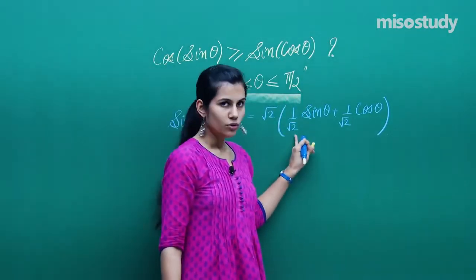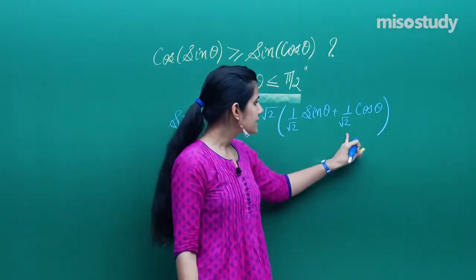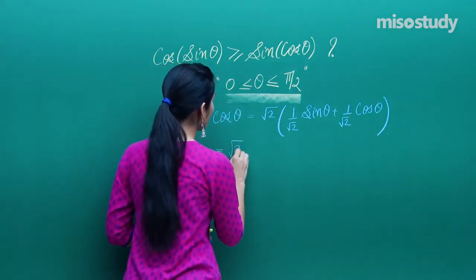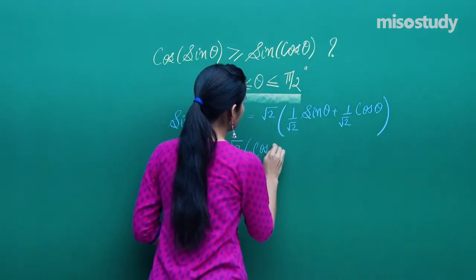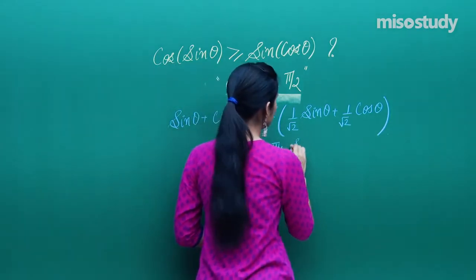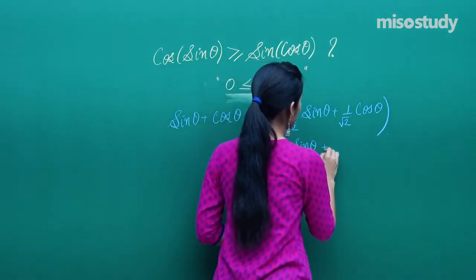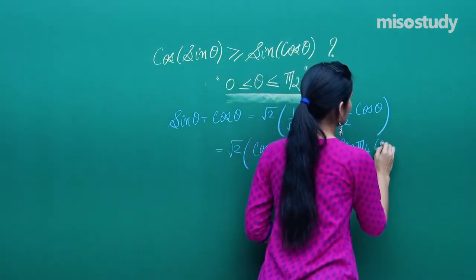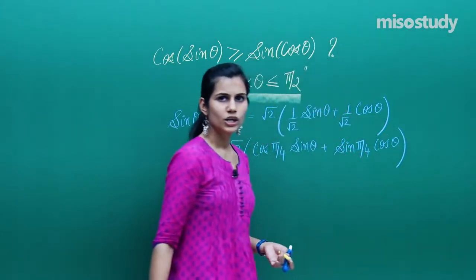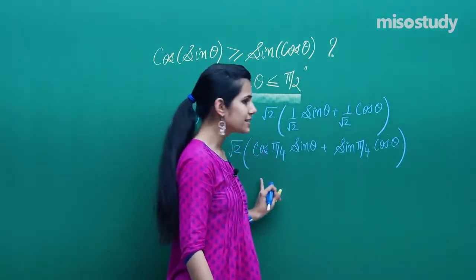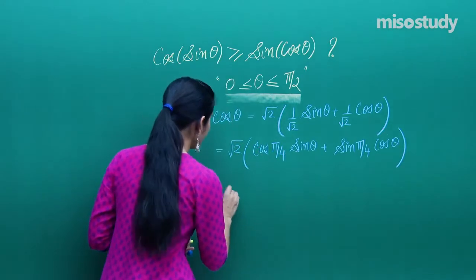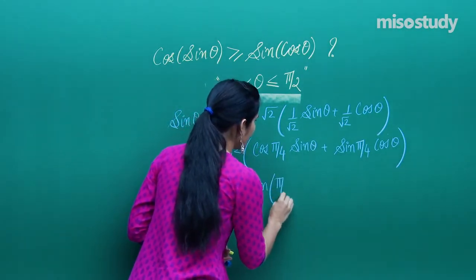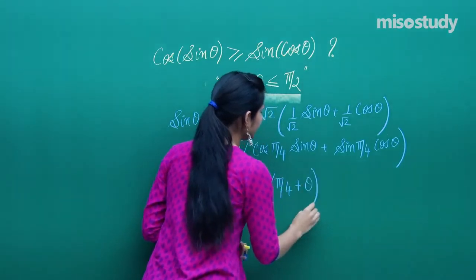And because I know cos pi by 4, sine pi by 4, both are 1 by root 2, I can further transform it as cos pi by 4 sine theta plus sine pi by 4 cos theta. So it's almost like sine A cos B plus cos A sine B, that's sine of A plus B. So root 2 sine of pi by 4 plus theta.